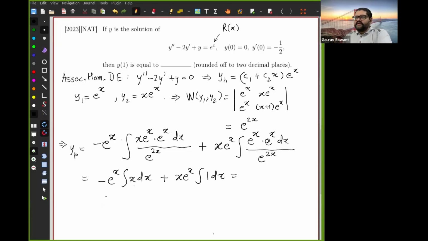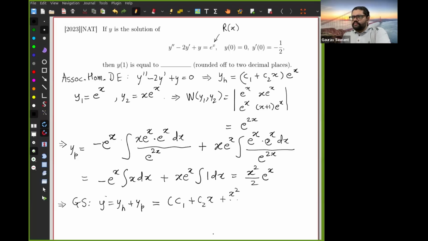So there is a minus x squared by 2 and then a plus x squared, which gives you x squared by 2 times e^x. Correct? And therefore, the general solution is y equal to yh plus yp, which turns out to be (c1 plus c2x) plus x squared by 2, times e^x.